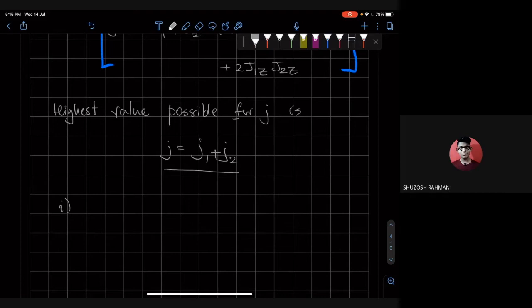So this is our first case. J is equal to J1 plus J2.